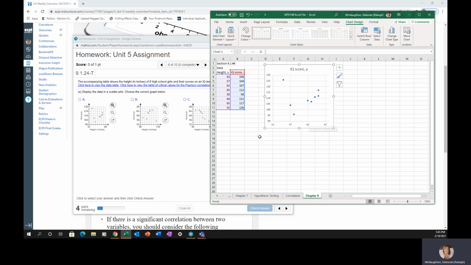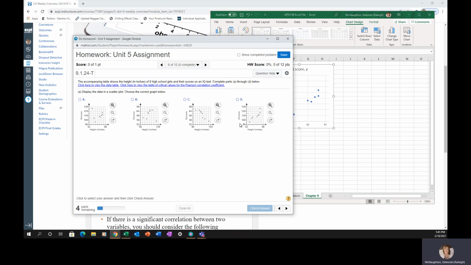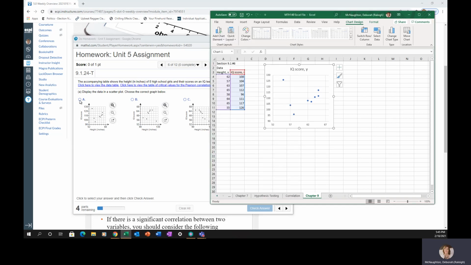So now I should be able to look and see which graph matches. And it looks to me like it's this first one. And we can also see what's wrong. So this one, they switched and they have the IQ scores here and the height here. So this one's wrong. Okay, and the same thing with this one. And then this is not what my data looks like. So it's A.